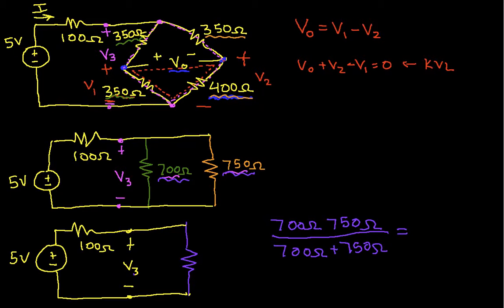And if I work this out on my trusty Google calculator, I get the answer is 362 ohms, where I'm rounding to the nearest digit. Okay, so I know then that this resistance is 362 ohms.